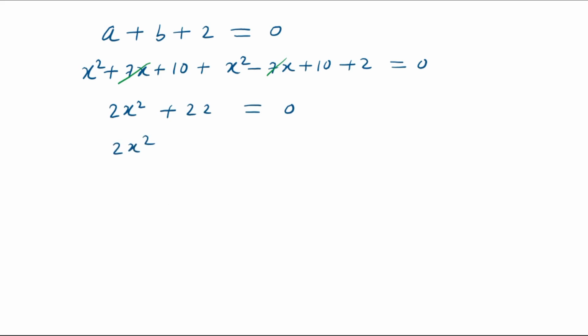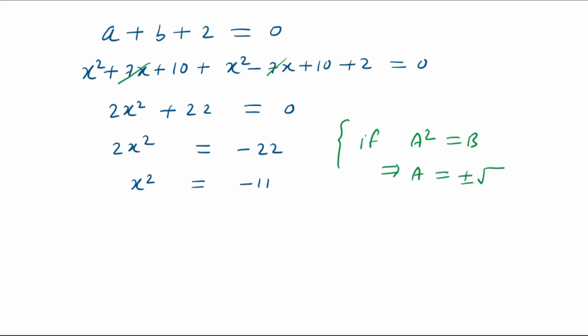2 times x square plus 22 is equal to 0. If we take it to the right hand side, then this is minus 22. Now divide both sides by 2. Then the value of x square is equal to minus 11. Now here we will apply this rule. If a square is equal to b, this implies the value of a is equal to plus minus square root of b.